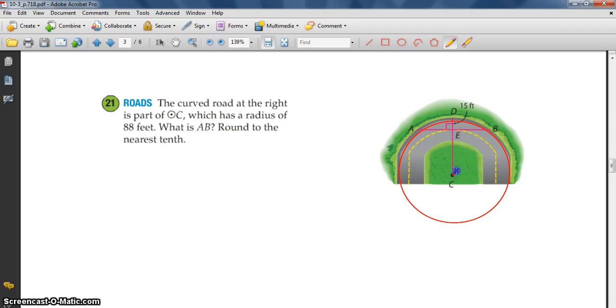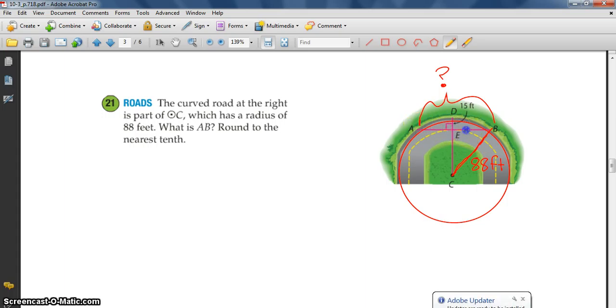So from C to B is 88 feet. And we want to find AB. So this chord is what? Round to the nearest tenth.